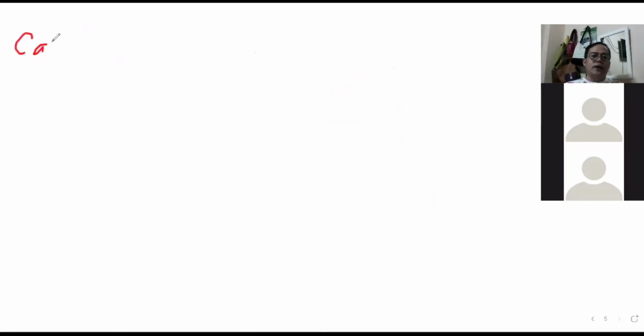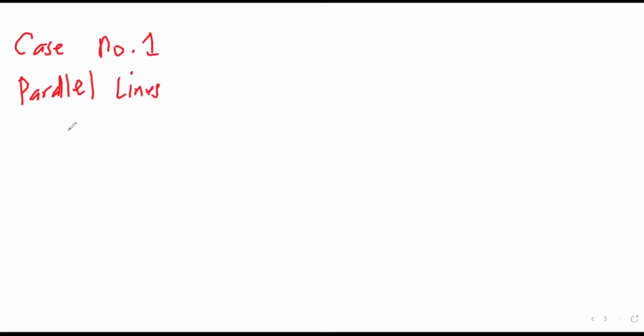The first one, case number one, is when two vectors are forming parallel lines. Parallel lines are two lines that do not meet. So this is an example of parallel lines. Okay.